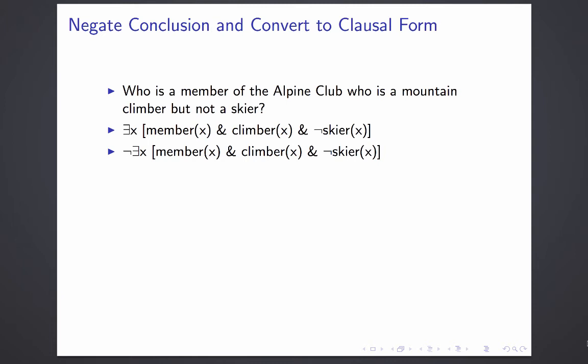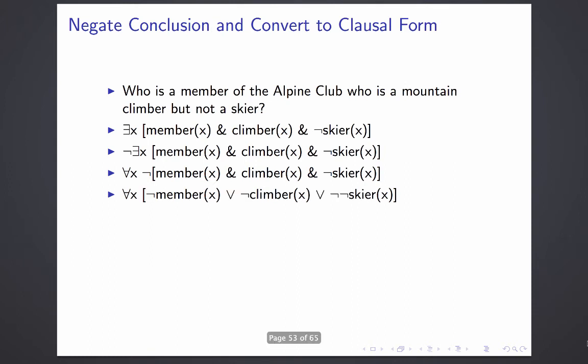When we bring the negation across the existential, it converts it to a universal quantifier. Now we're negating the entire conjunction. We move the negation in, and using De Morgan's law, we convert the conjunction to disjunction and negate the terms.